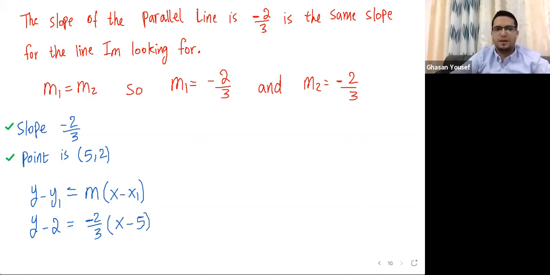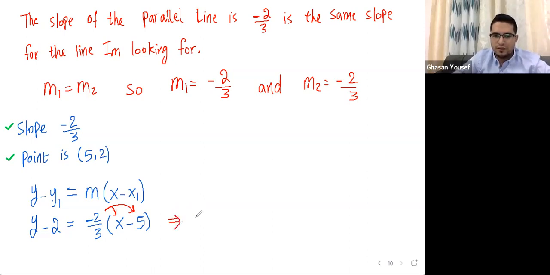Now we can simplify this. We can distribute the minus 2 over 3 inside the parentheses, and we can add 2 to both sides. Laila said 5 and 2. This is correct, this is the point, 5 and 2. Now let's simplify it.